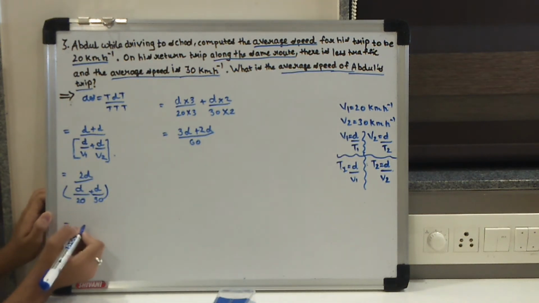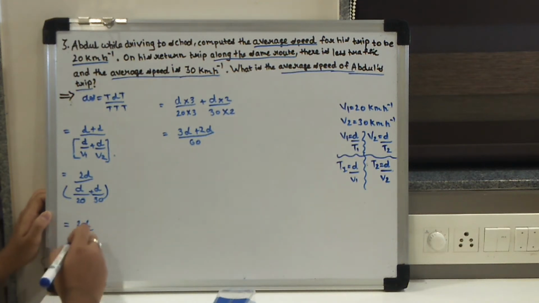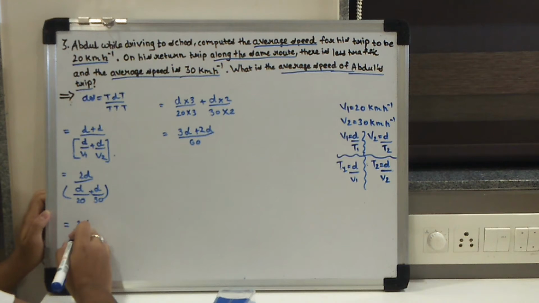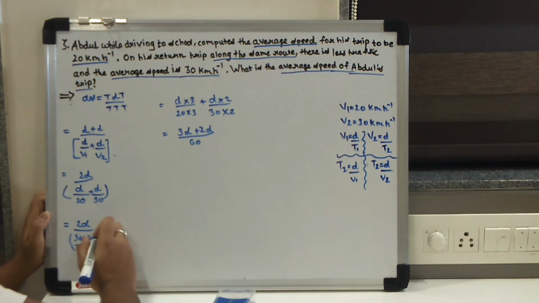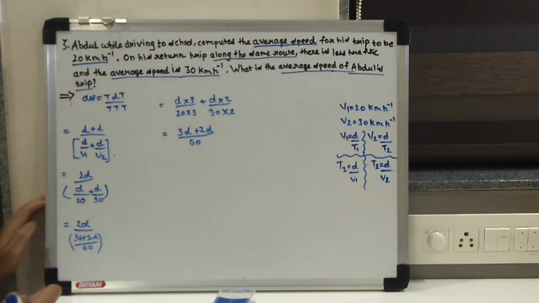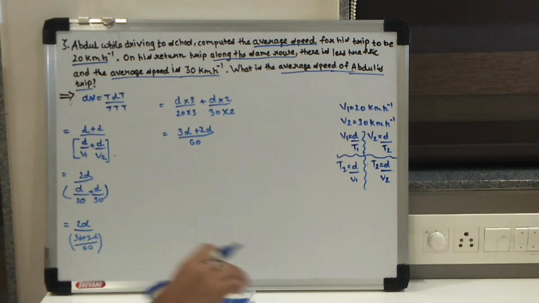So let's write it, 2d upon 3d upon 60. So let's solve this part here.